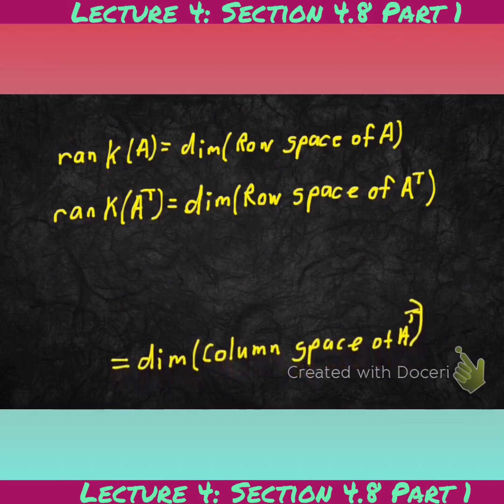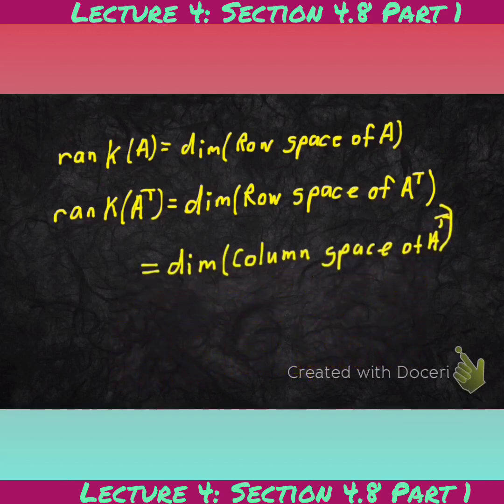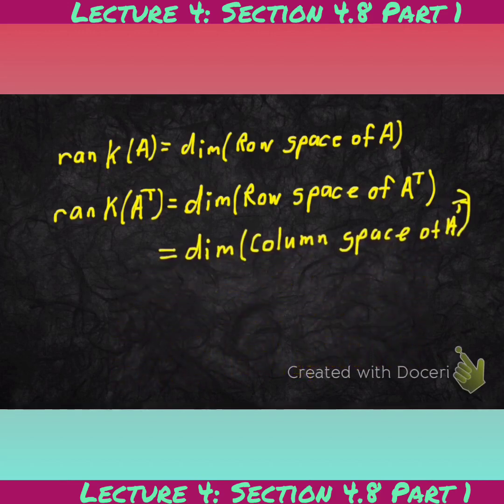Counting the number of leading ones is also going to give you the dimension of the column space of A's transpose, because the dimension of the column space also corresponds with the number of leading ones. Now the column space of A's transpose, remember, is the space spanned by the column vectors of A's transpose.